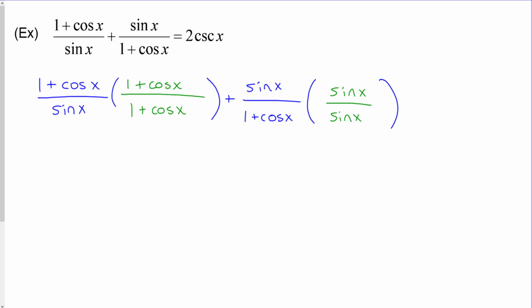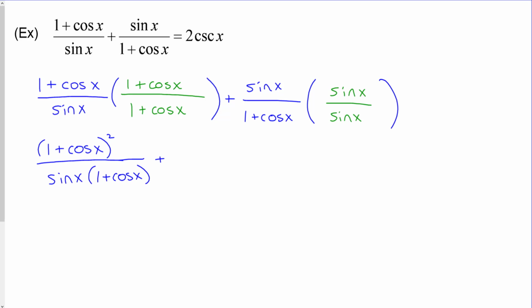Because then what I end up with is effectively 1 plus cosine x, quantity squared, in the numerator, divided by sine x times the quantity 1 plus cosine x.